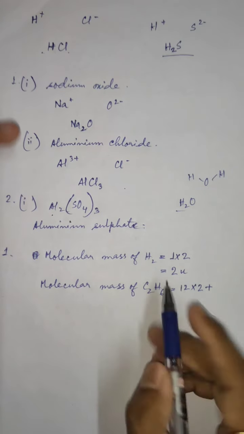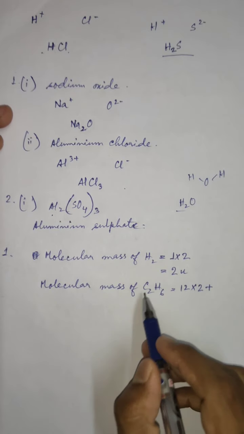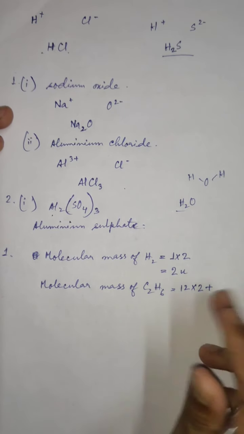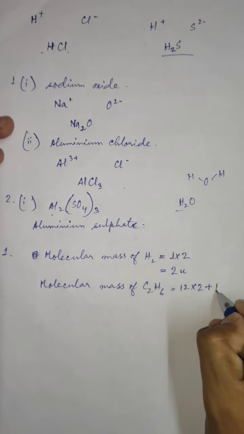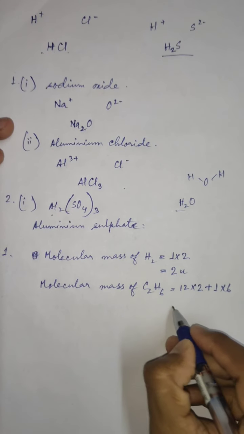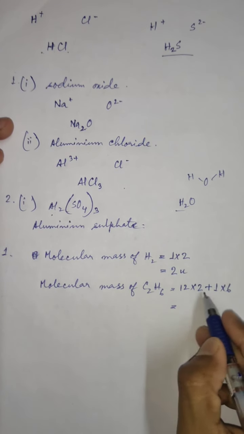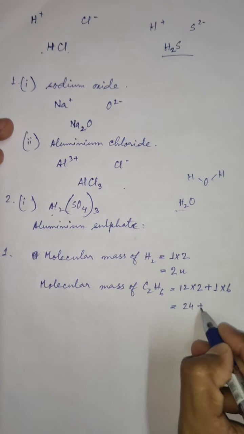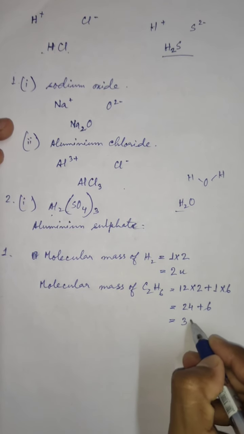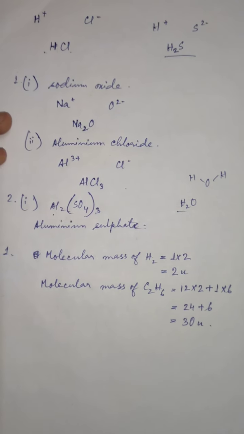We add the atomic mass of this plus this. The hydrogen is 1, and in the suffix it is 6. This way you can calculate. Now here it is 24 and 6, so it is 30.